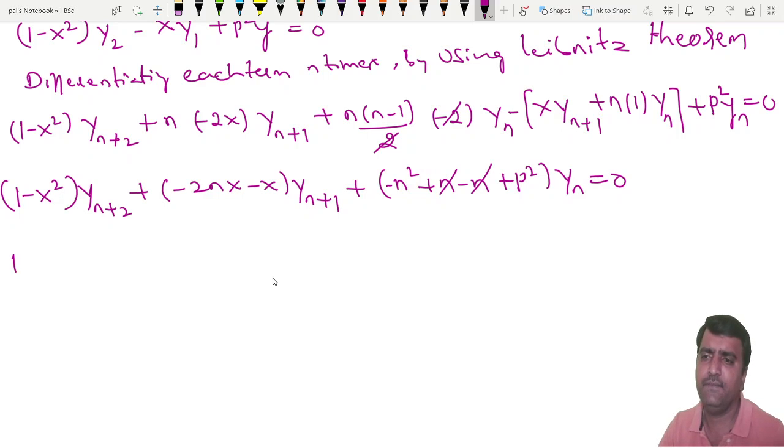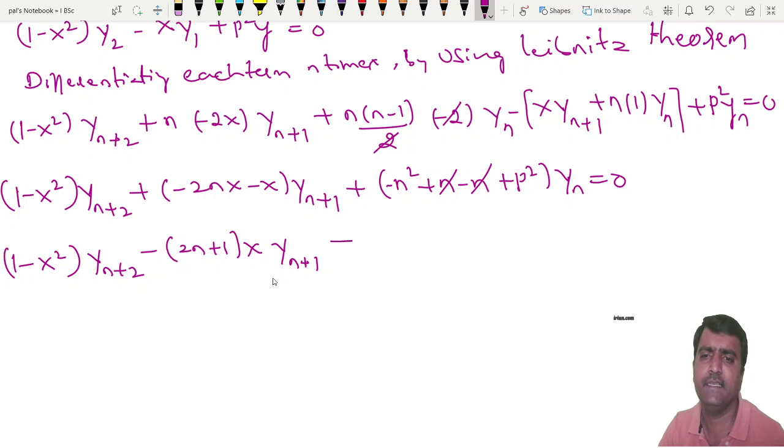So now you write the last step, 1 minus x square into yn plus 2. In both these terms you take minus as common factor outside, then it is 2n plus 1 into x, you take x also as common factor, into yn plus 1.